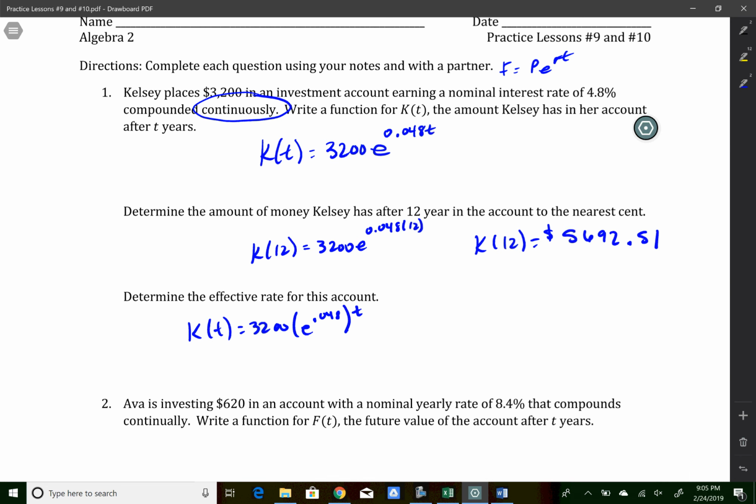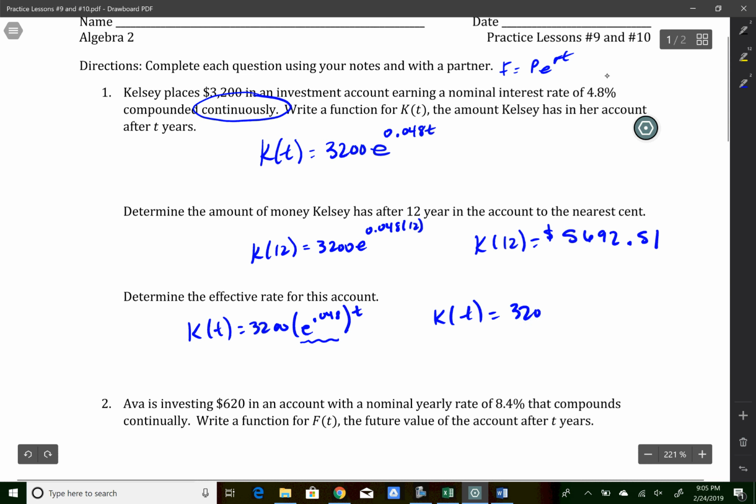Now whatever this number is in here represents our yearly rate because the exponent is in terms of years now. So if I type just e to the 0.048 into my calculator, I can rewrite Kelsey's equation as $3,200 times 1.0492 all to the t.